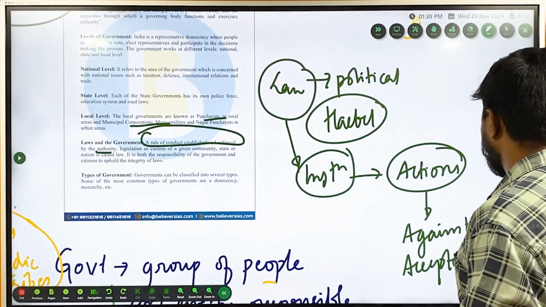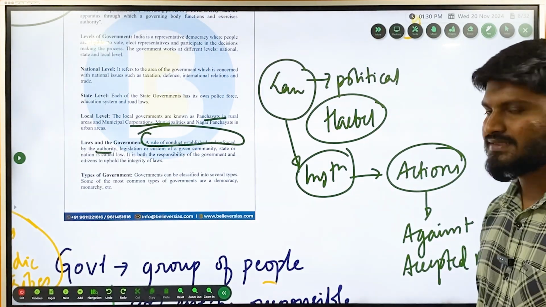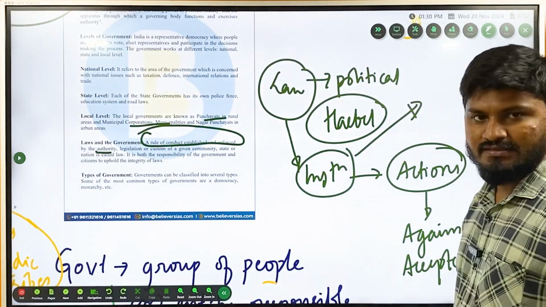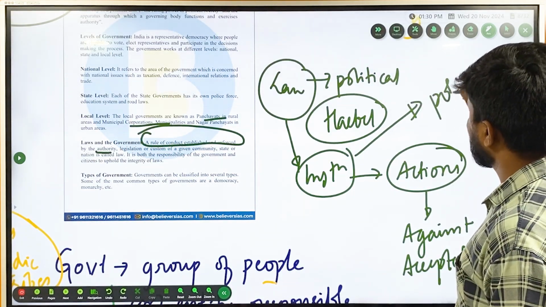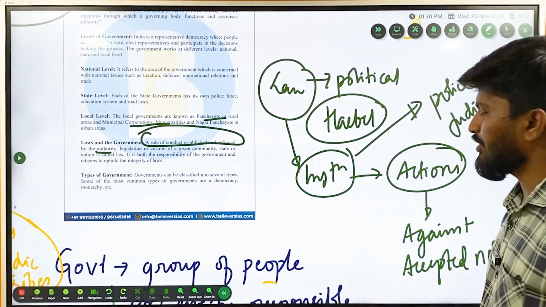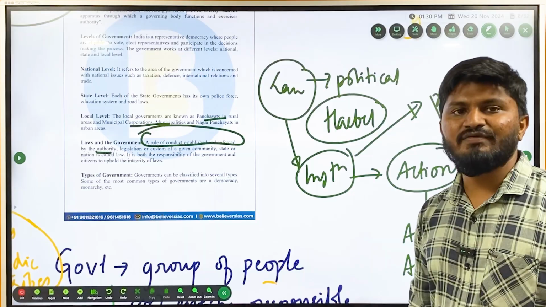This institution can be enforced by various authorities such as police, judiciary, etc. Law is an institution which checks deviant behavior.